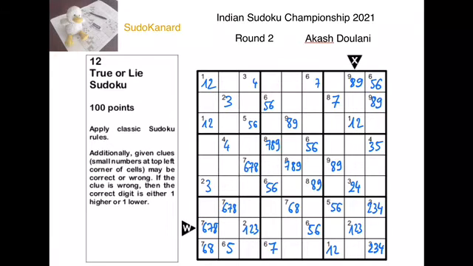All right, what can we see? Oh, this 7 makes this not a 7, and we get a 7 in this cell, and we can rule 7 out from this one. Right?